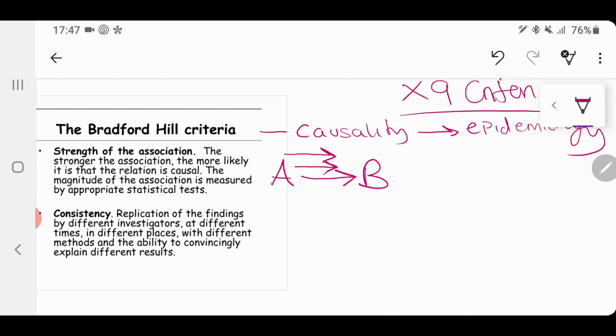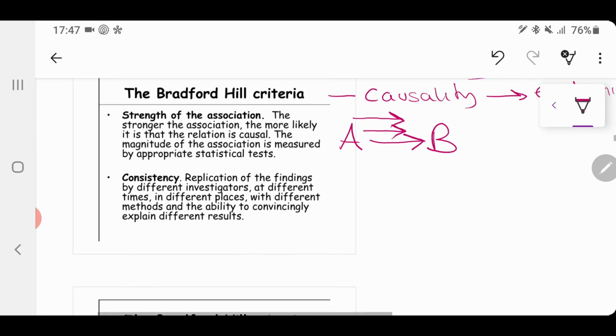Strength of association. Number 2, consistency. Basically, this relationship can be replicated by other people in other places as well.